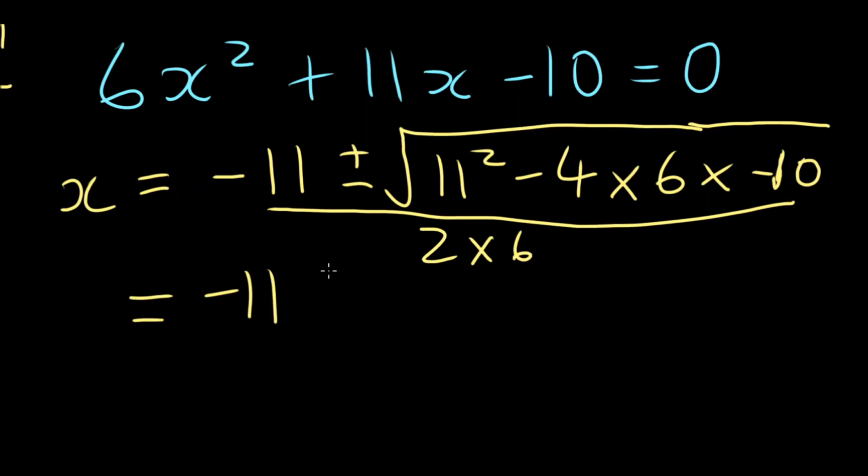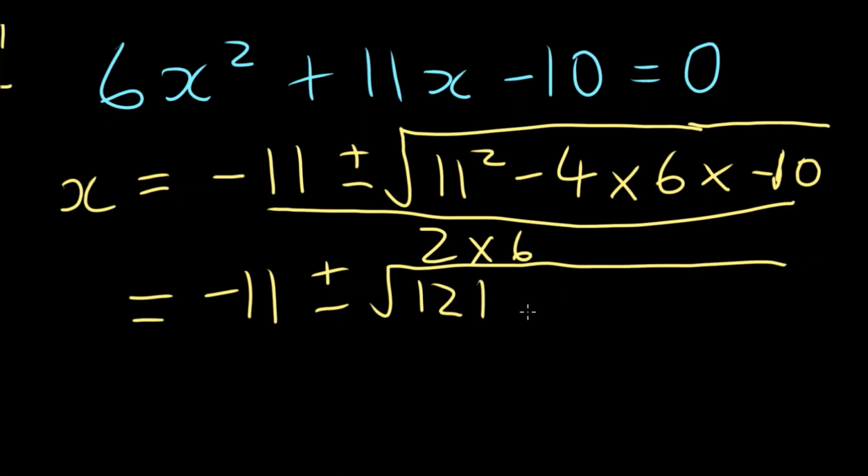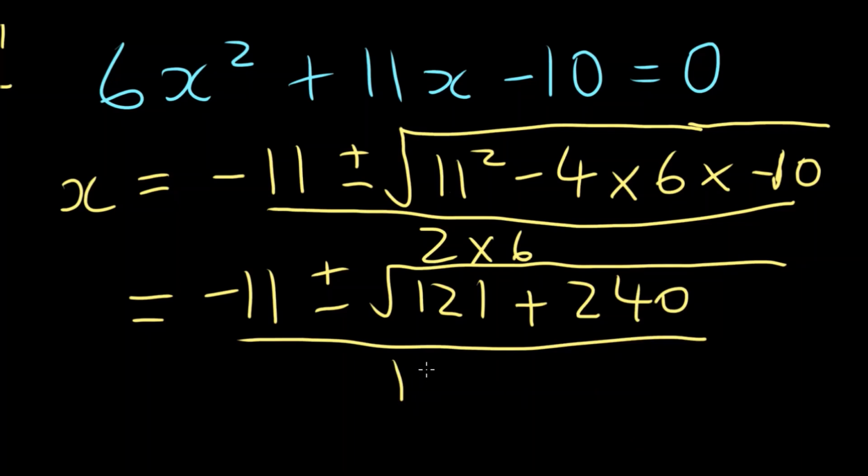Minus 11, plus or minus the square root of, okay, 11 squared is 121, right? Minus 4 6s are 24, times 10 is 240. The minuses cancel out, so plus 240. All divided by 2 times 6 is 12.